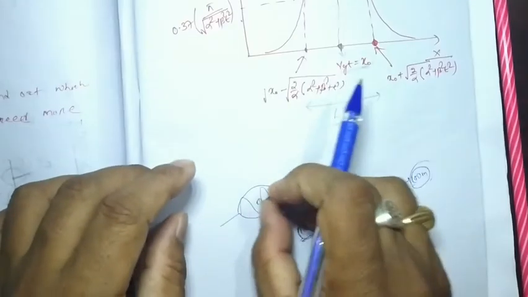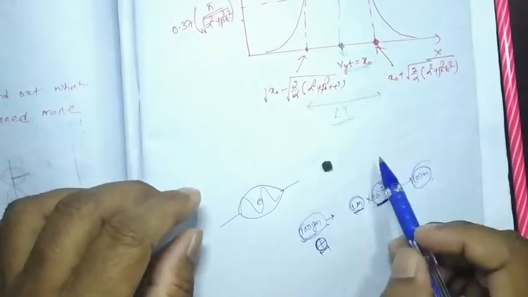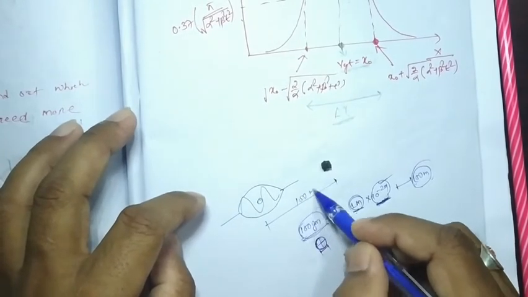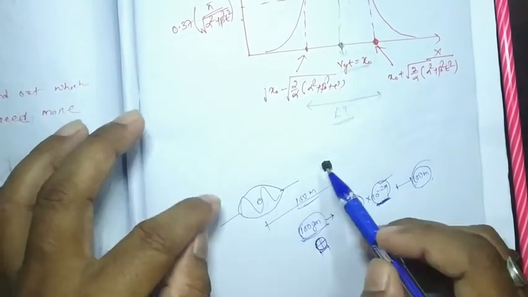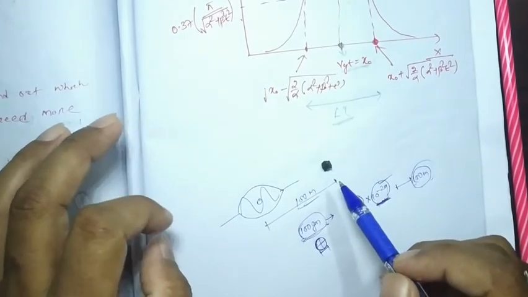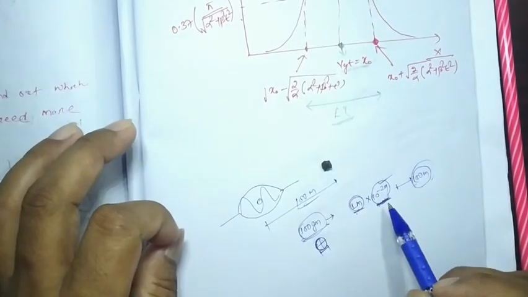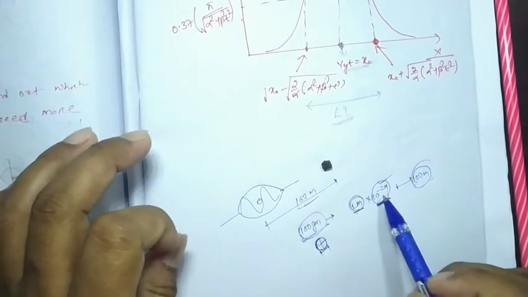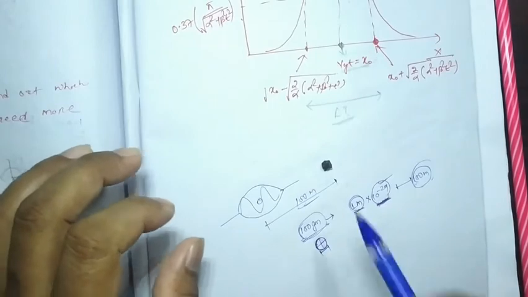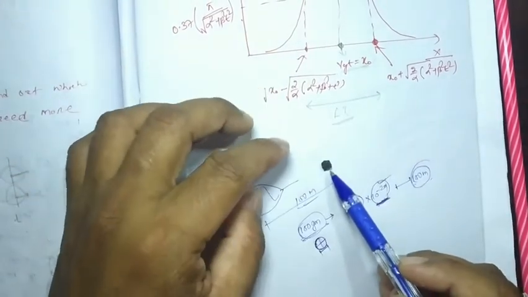If it moves towards the right, suppose 100 meter, the wave packet also moves with that object. However, the spreading of the wave packet will be increased by 10 to the power minus 29, which is very negligible, even compared to its diameter.